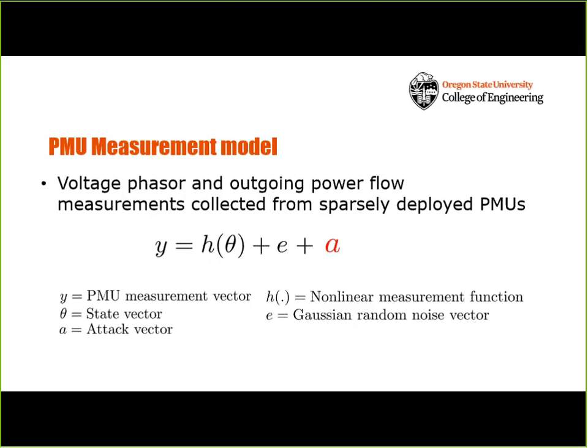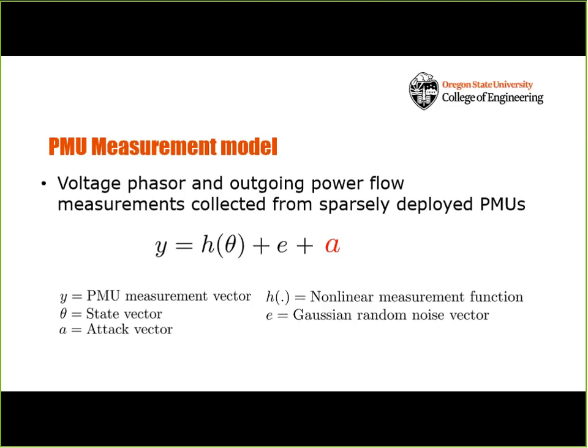To account for measurement noise, we introduce vector e, which is a Gaussian random noise vector. To make sure that our PMU measurement model is realistic enough, we set the standard deviation of the noise in each entry to match the required accuracy standards for PMUs. For an example, if we take the PMU angle portion, there could be up to 5% error.